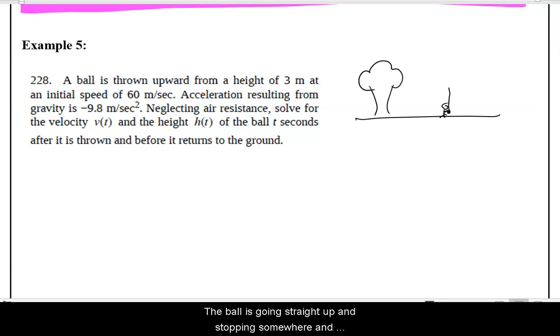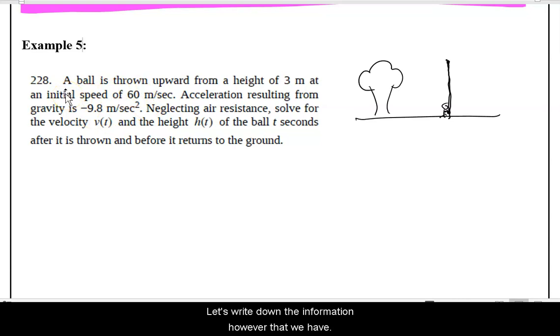The ball is going straight up, stopping somewhere and falling straight back down. In other words, the ball is traveling along a line in rectilinear motion. Because of that, we can use the same process we've been using to find our equations. In this case, we'll have to start with acceleration since that's the one we initially know.